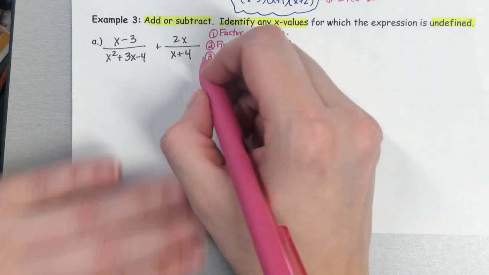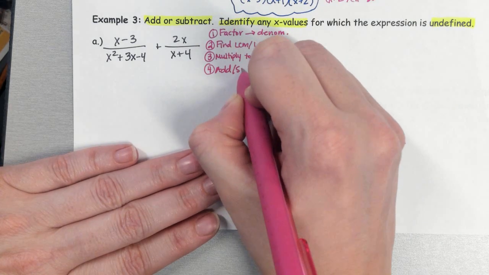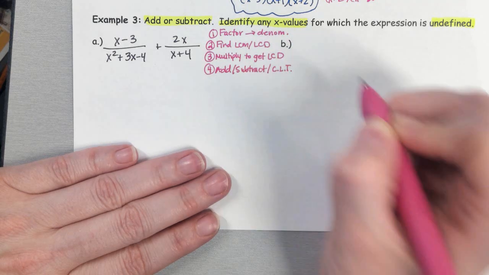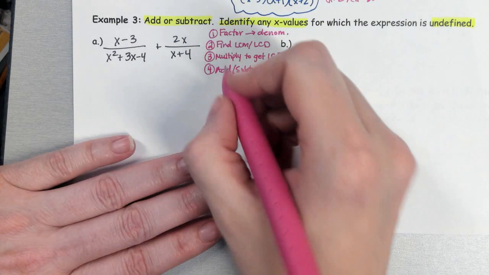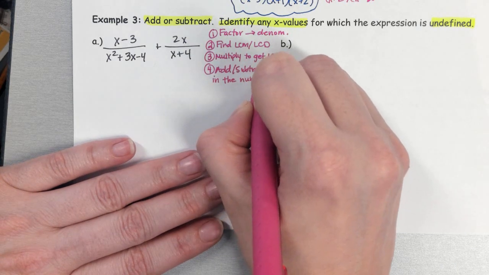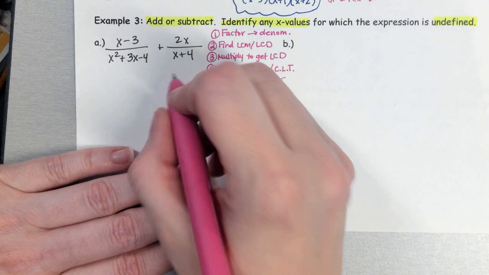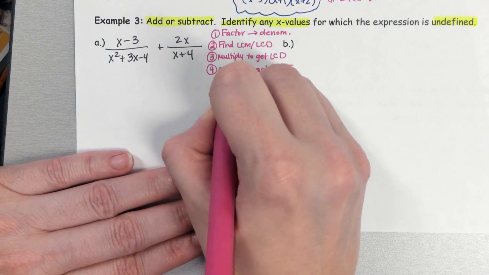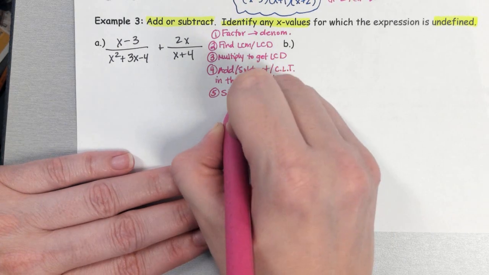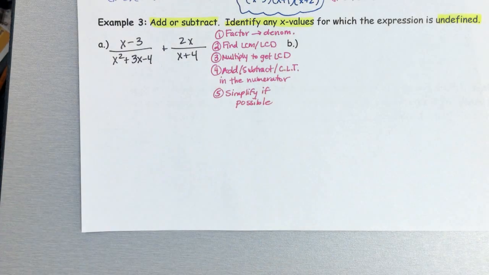Once you do that, then you can add or subtract or combine your like terms, CLT, and you do that in the numerator. Because remember, the denominator is going to stay the same. And then if you can simplify, you will. Some of them will, some of them won't. Simplify if it's possible.